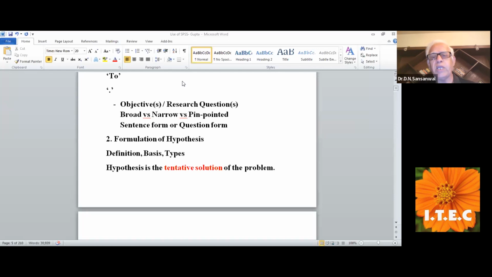So this is the sequence in which all these three must appear. Mamta, it depends upon how many objectives you have. I will take the example and then explain to you. Nothing to worry.